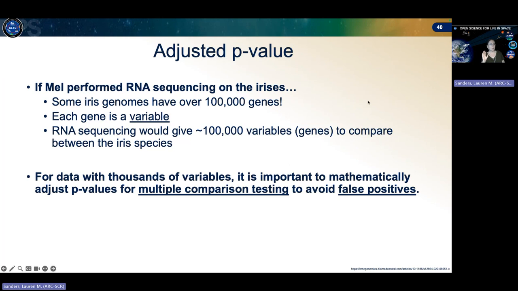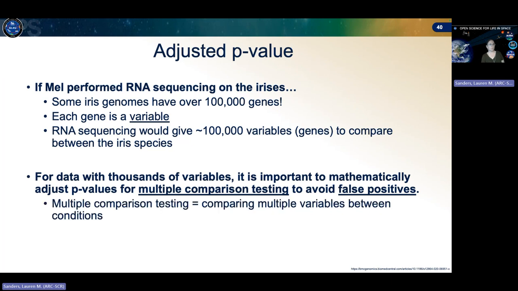When we get into this situation where we have data with thousands of variables, we need to mathematically adjust our p-values for multiple comparison testing in order to avoid false positives.